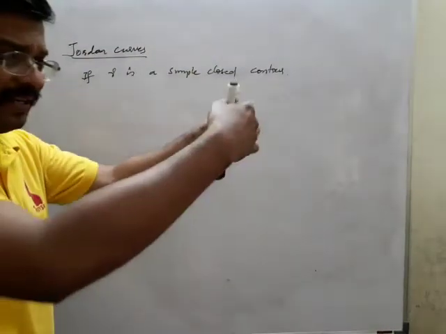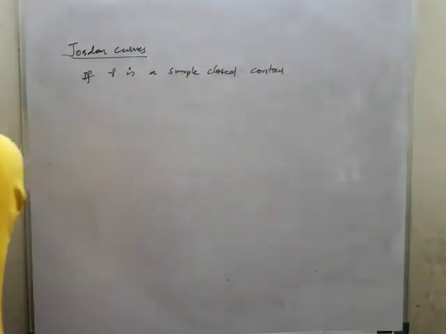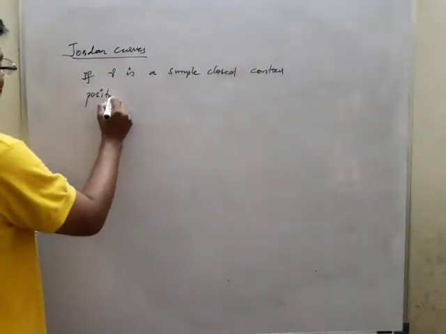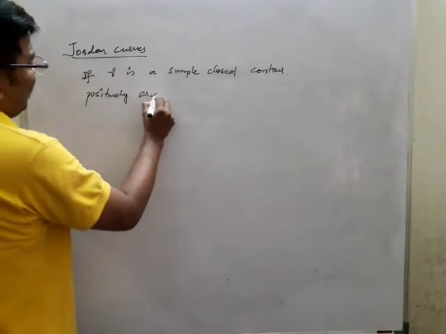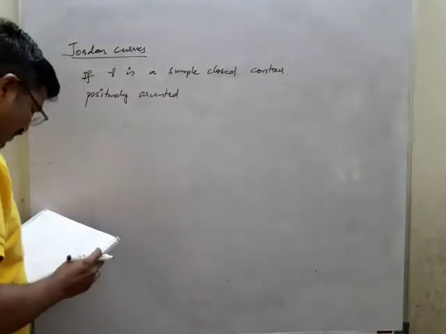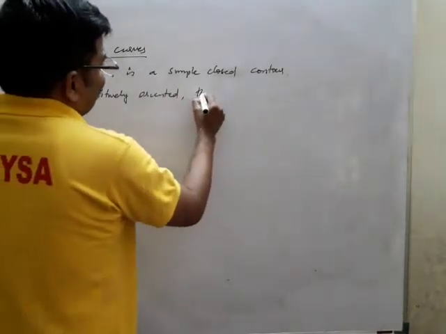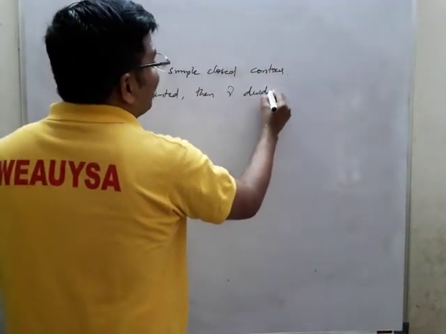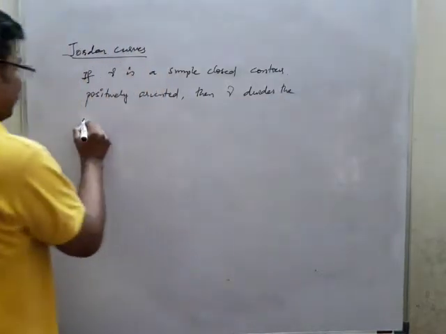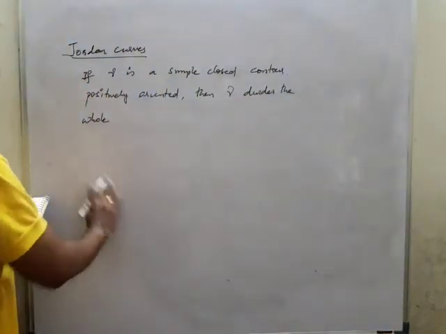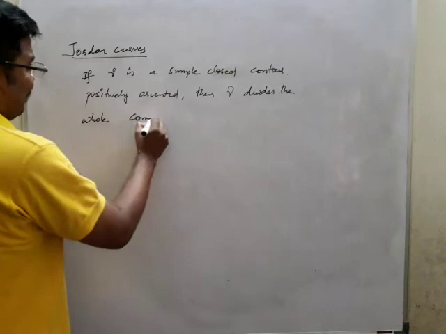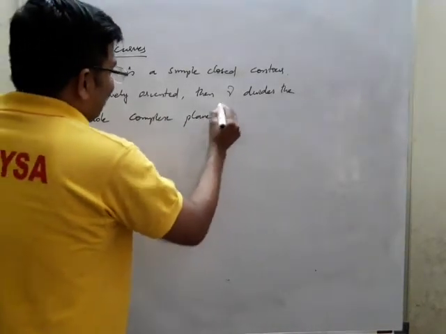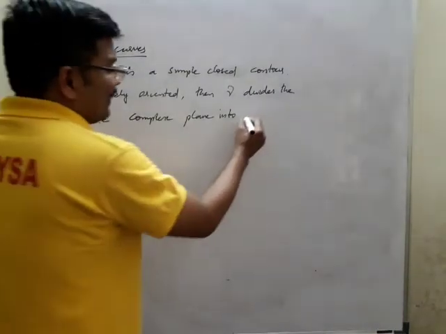Positively oriented means anti-clockwise direction. Then gamma divides the whole complex plane into three disjoint sets.